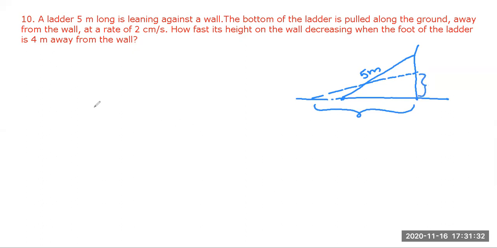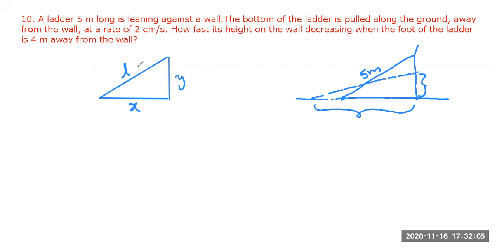So let us first draw the picture, and let's consider that this is a right angle triangle. This is the ladder, and let us call the ladder length L. This may be x, this may be y.